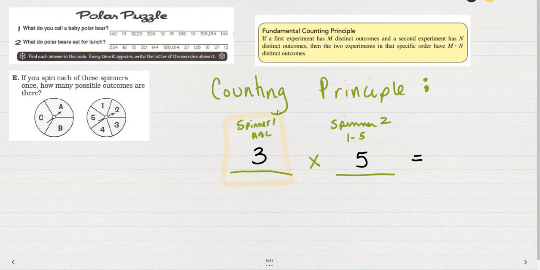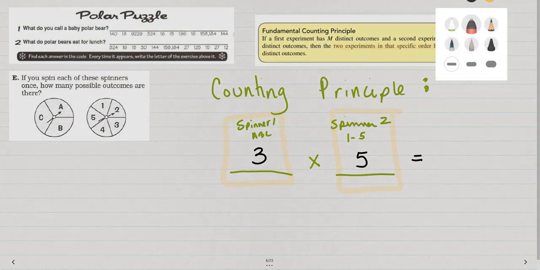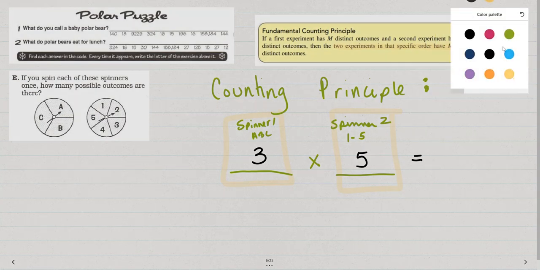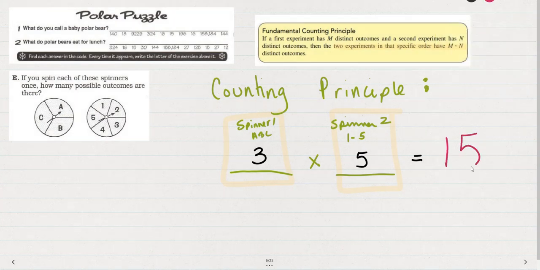And the second experiment has n distinct outcomes, so our spinner 2 has 5 outcomes. Then the 2 experiments in that specific order have m times n, or in this case 3 times 5, 15 outcomes. Notice that's what we got in our tree diagram also.